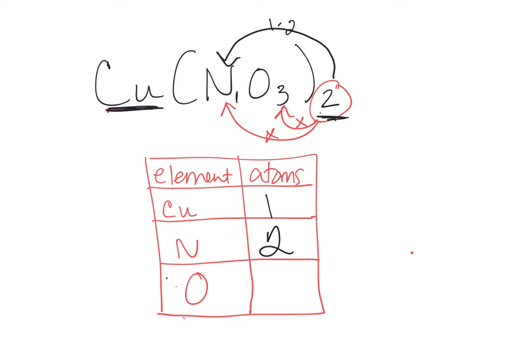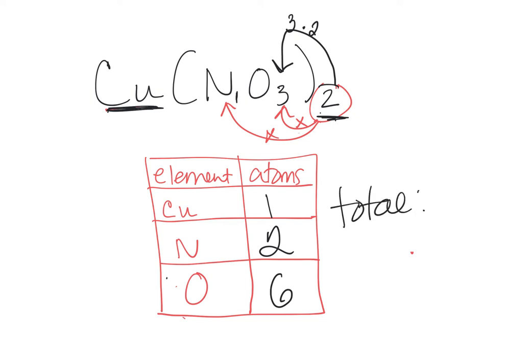Now let me erase some of this. Let's look at our oxygen. I'm going to take this 2 times oxygen's 3, so it's 2 times 3, which is 6. So I have 6 oxygen. Now for my total, I'm going to go 1 plus 2 plus 6, which is going to be 9.